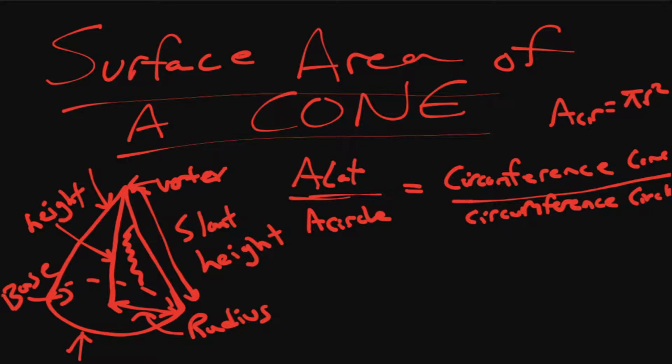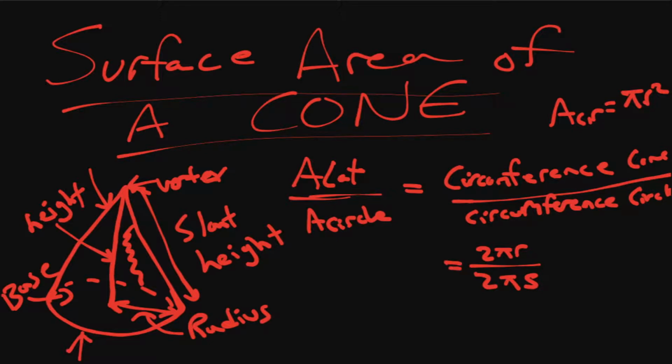So if we were to use this logic, we could plug in that the circumference of the cone is 2 pi r, and the circumference of the circle is 2 pi, let's use s, the slant height.